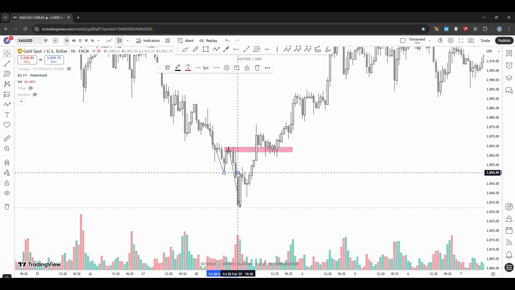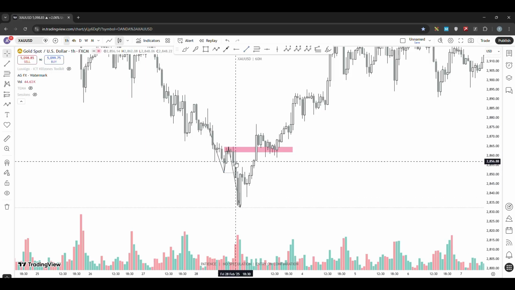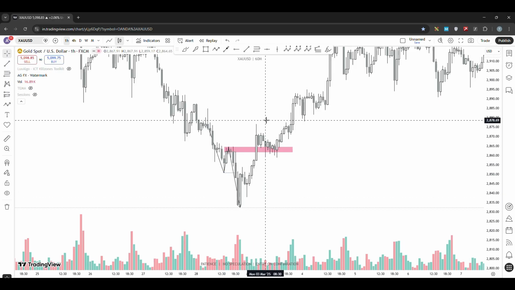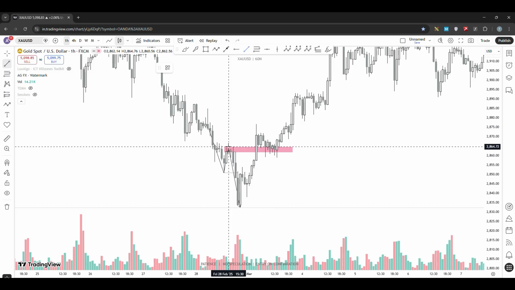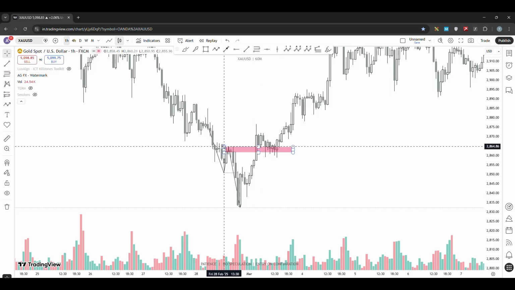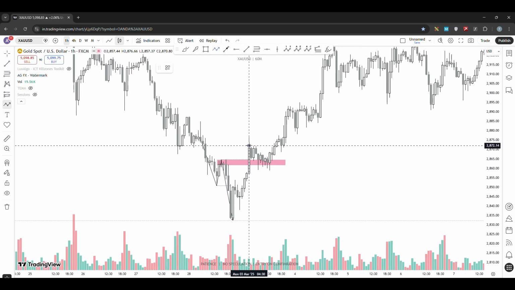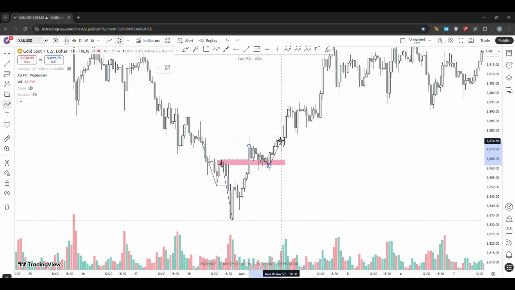Now this is important. Sweeping the low is important, whether it's a candle close or just a wick, that does not really matter. If the market recovers after that and breaks above the last high, then we have already got a market structure shift, and in that case the last breakout level will be our POI and we'll be marking this zone. And once the market comes down and taps into the zone, we'll look for an entry and we'll be targeting the liquidity.